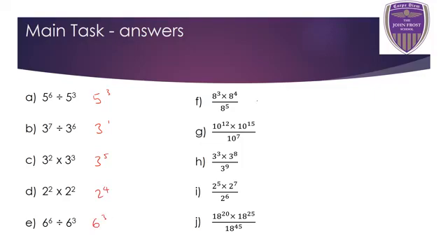Then we get then on these ones, look, so 8 to the power of 3 times 8 to the power of 4, that's 8 to the power of 7, and then we divide. So this is 8 to the power of 2, okay? And then this one, 12 plus 15, 27, take away 7 is 20. So 10 to the power of 20.